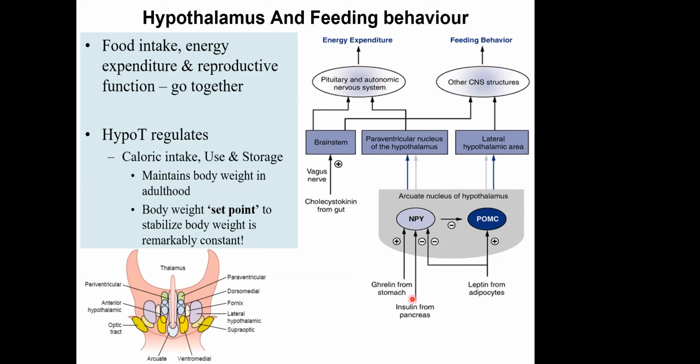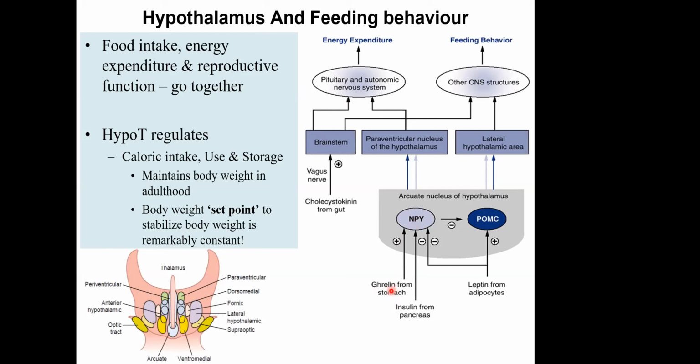Coming to this side of things, ghrelin is a hormone which you release on empty stomach. And very quickly, if you see that it stimulates the release of neuropeptide Y, and we know that neuropeptide Y will stimulate food intake and decrease energy expenditure.